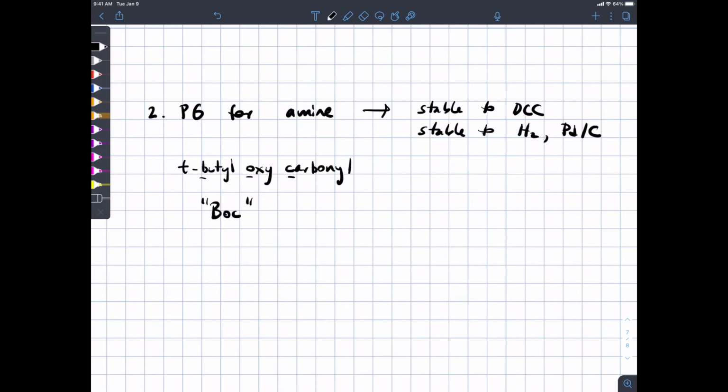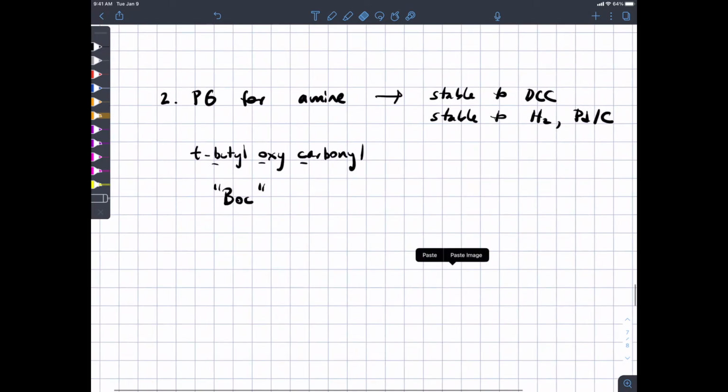Some people say T-BOC, but that's really overachieving. Like organic chemists will say, come on, man, what other kind of BOC is there? So don't bother with T-BOC. That's a real try-hard thing to do, and you don't want to be try-hard.